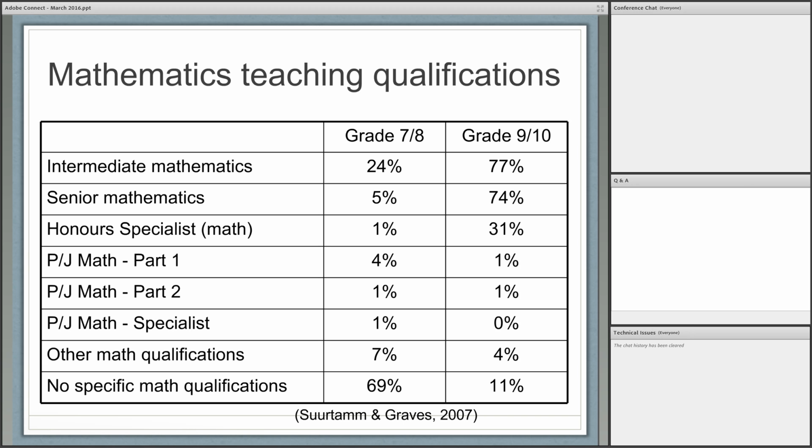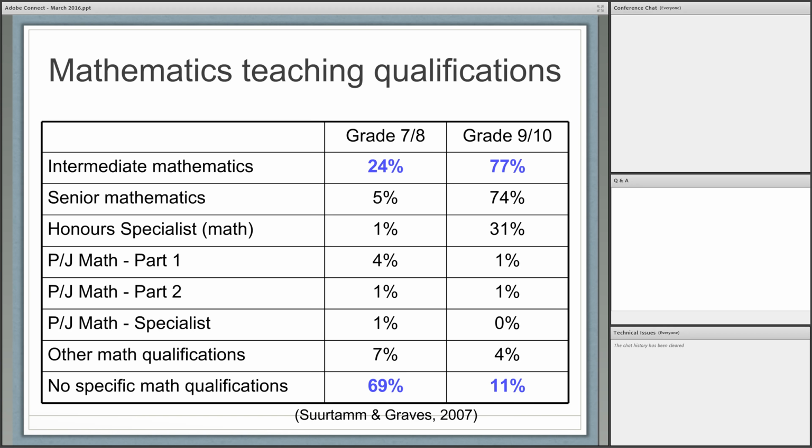This was a study looking at grade 7 to 10 teachers and their teaching qualifications. Intermediate teachers of grade 7 and 8 are not required to have any specialist certificates in teaching intermediate mathematics.